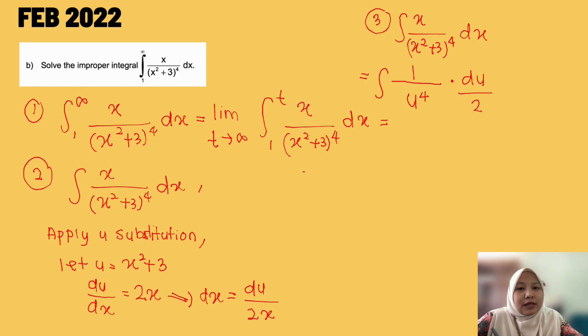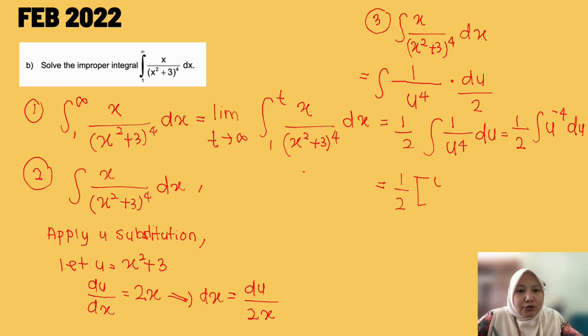Next, we take the 2 out. So we have 1 over 2 times the integral of 1 over u to the power of 4 du. Then we can bring u to the power of 4 up, so it becomes u to the power of negative 4 du. Then we can integrate, and it becomes u to the power of negative 3 over negative 3, plus c.